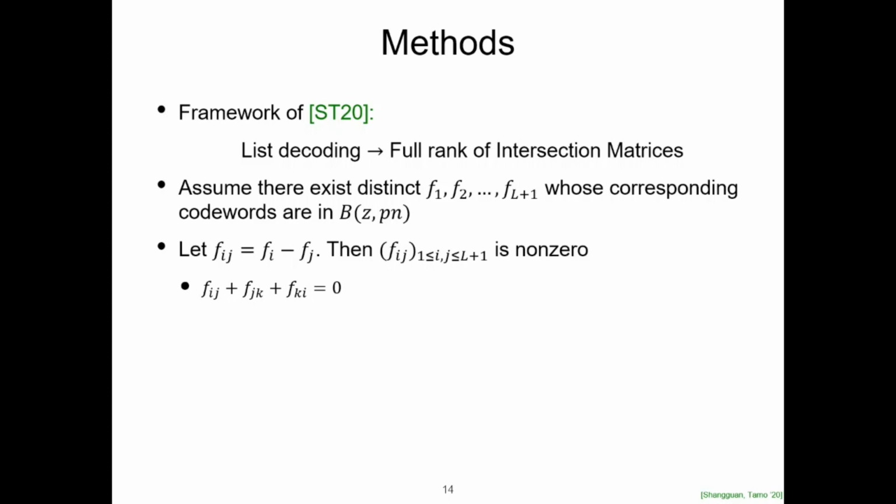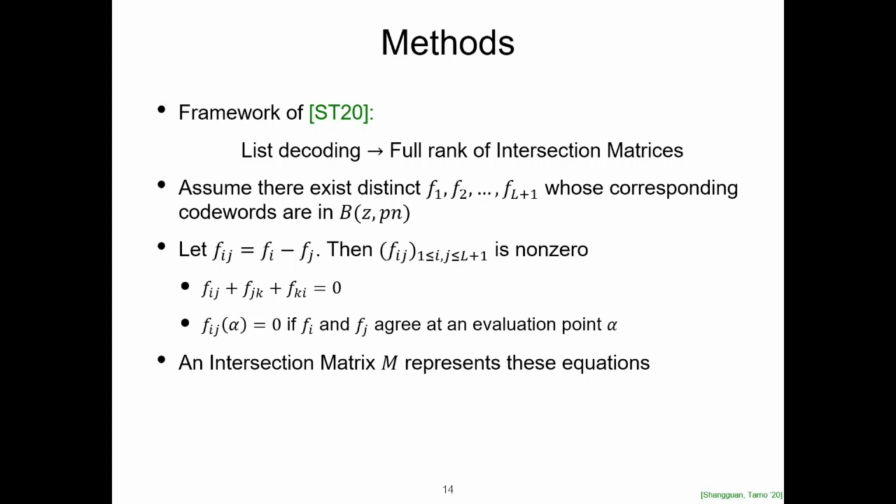And the elements f_ij satisfy certain linear equations. One kind of linear equation has the form that f_ij plus f_jk plus f_ki equals 0. Another kind of equation has the form that f_ij(alpha) equals 0 if f_i and f_j agree at evaluation point alpha. And the intersection matrix is defined to represent the set of these linear equations.